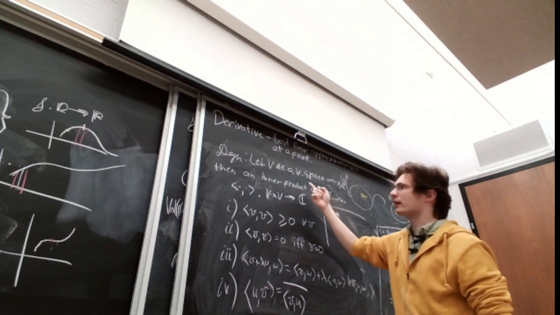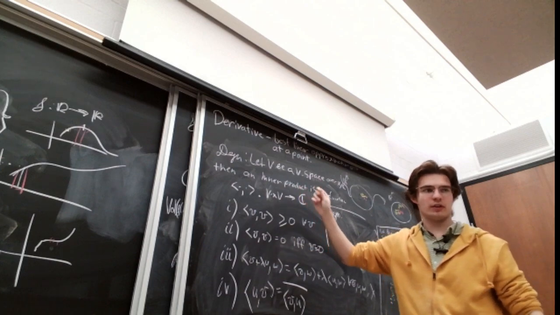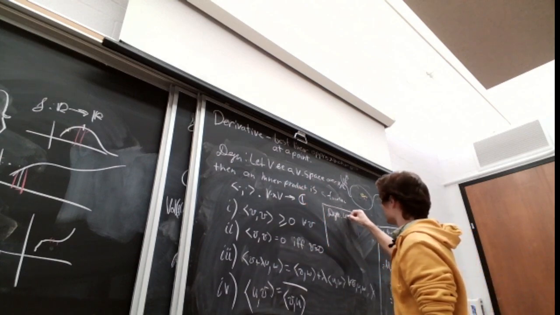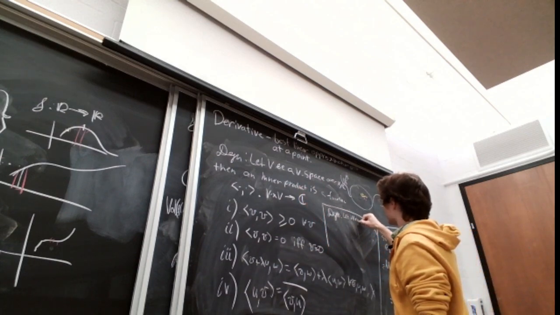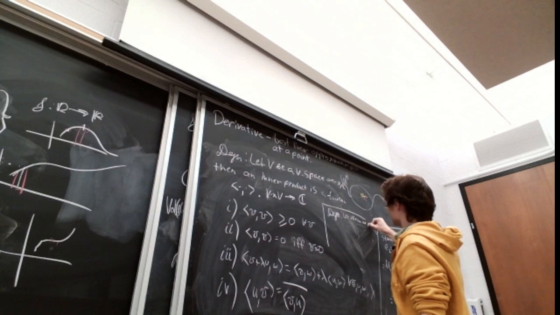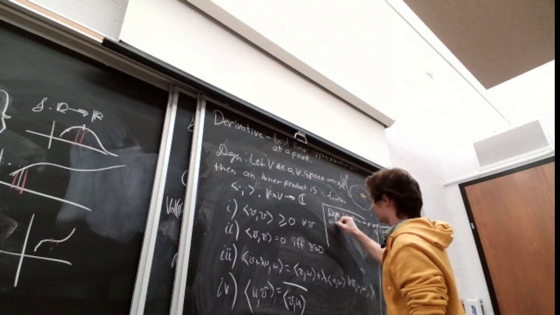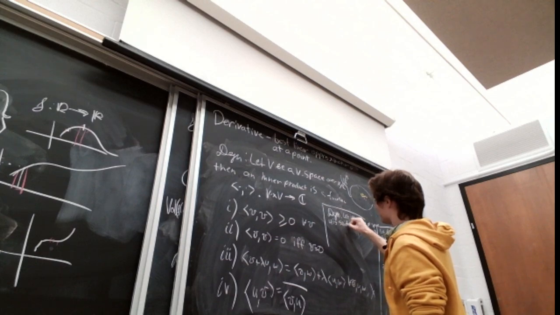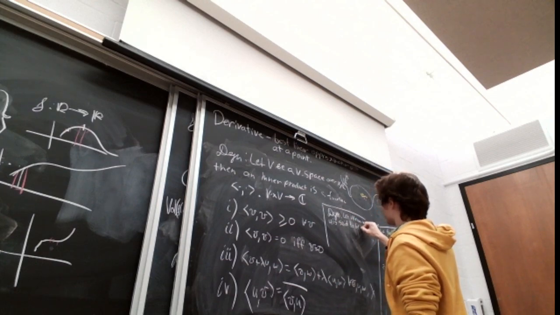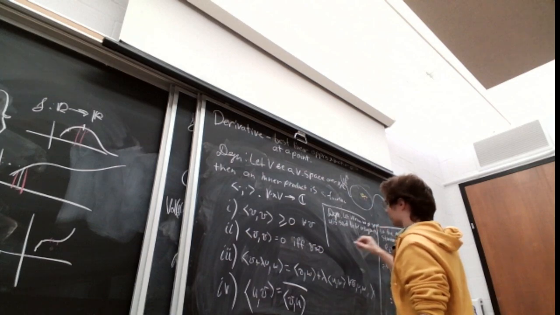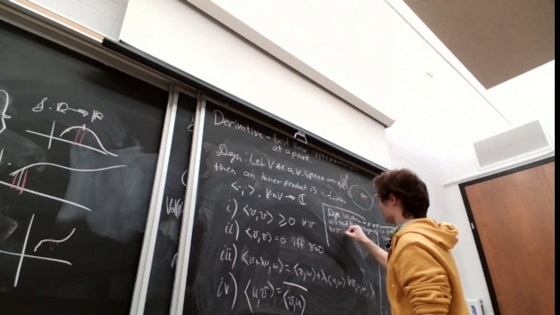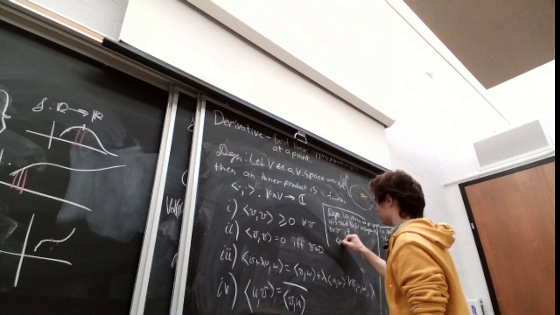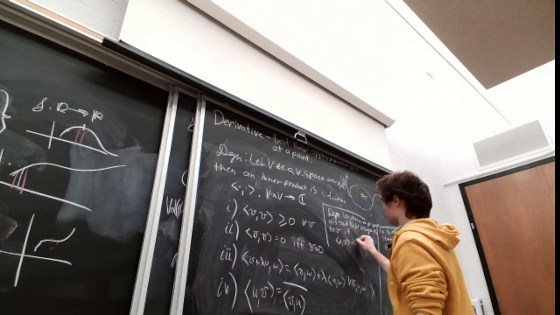And so a definition, and then we're done. A vector space with an inner product is called an inner product space. So we say let V be an inner product space. U is said to be orthogonal to V if the inner product of U and V is equal to 0.